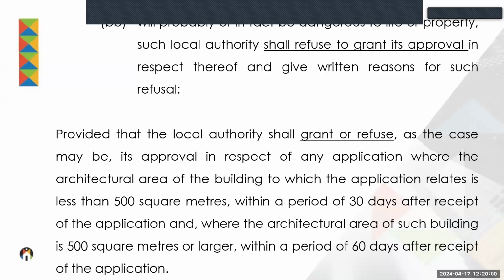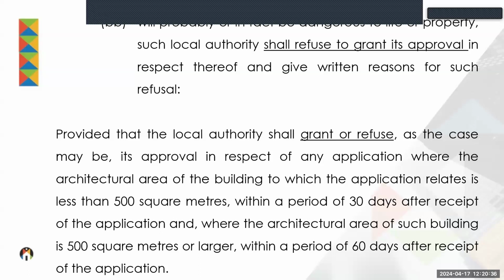Now, what you see also here is that the local authority has got two options. They can grant you approval or they can refuse your approval. There is nothing in the Act that says that they can refer the plan back to you. If a local authority does that, they actually shoot themselves in the foot because they have got a limited time period to either approve or to refuse a building plan.